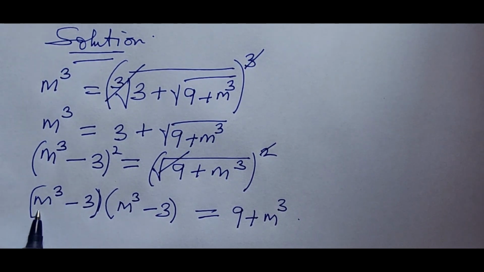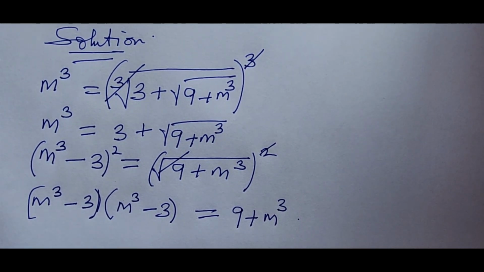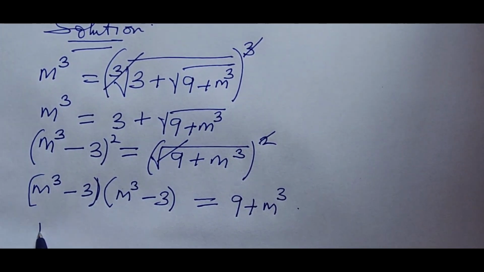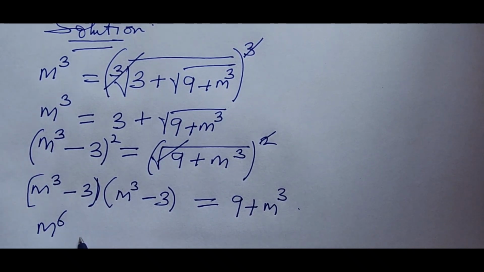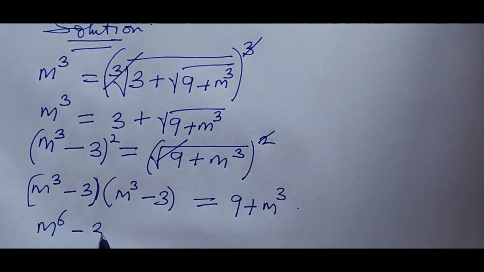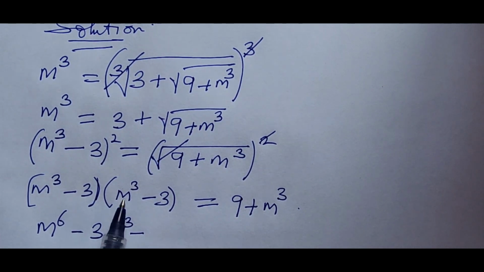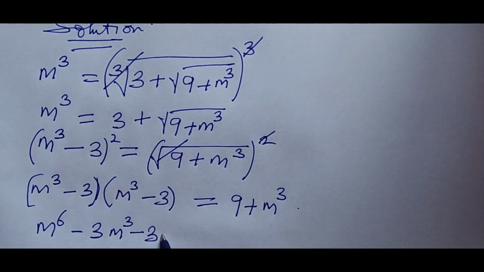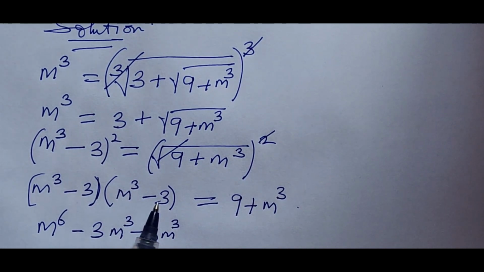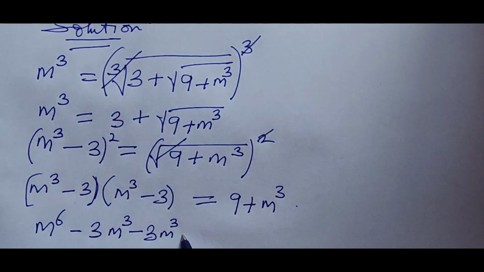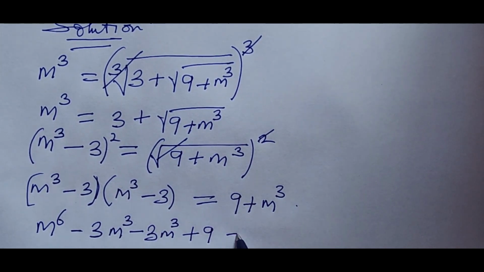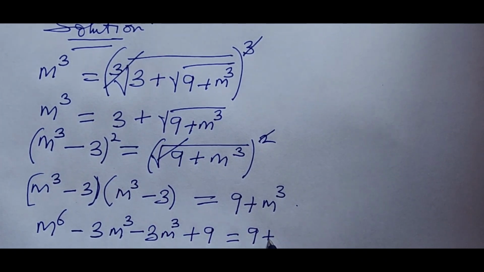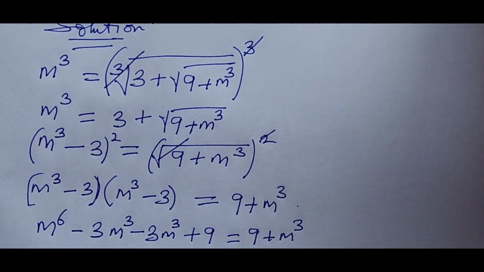Okay, so we use m to the power of 3 times m to the power of 3. That will give us m to the power of 6, then minus 3m to the power of 3, then minus, we use this to times this, 3m to the power of 3, then minus 3 times minus 3 will give us plus 9. Everything equal to 9 plus m to the power of 3.